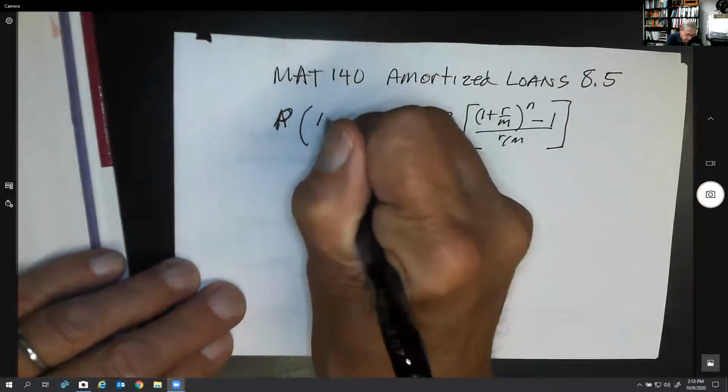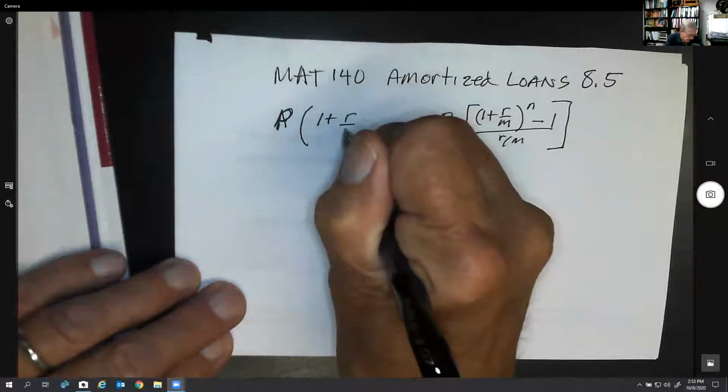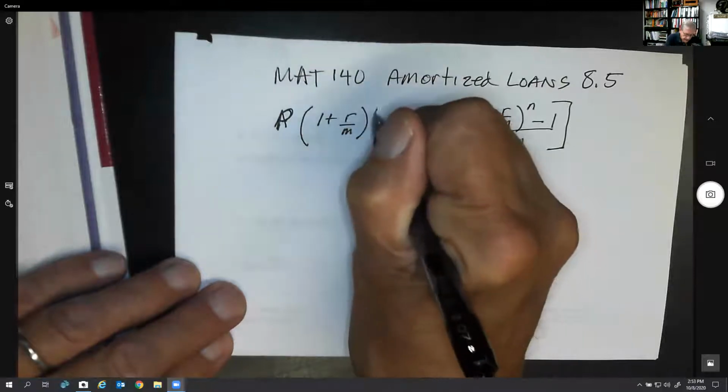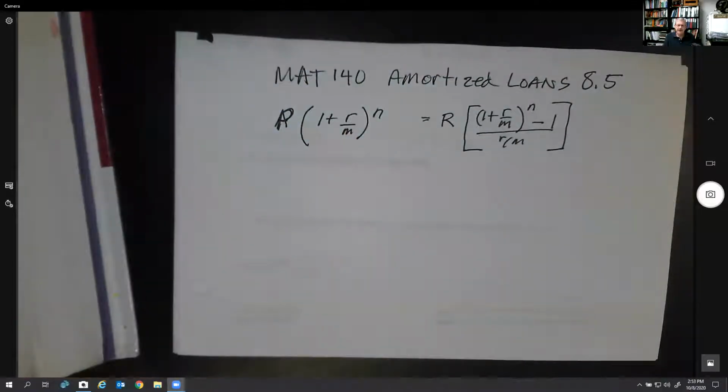This is going to be 1 plus R over M to the N. So we're adding to this formula that we already had. And this will help us to amortize a loan. And you're going, this is ridiculous. Well, I agree with you, but that's what we're going to do. So we'll give it a shot and see what we can come up with.